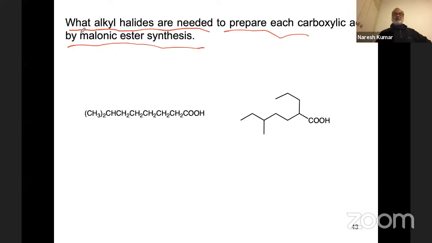And the question is, what is the alkyl halide compound that is needed to prepare this compound here and this compound here? And it says halides, so that means either one or two alkyl halides may be needed to prepare this starting compound. So that's question 1, and this one is question 2. They're two separate questions.